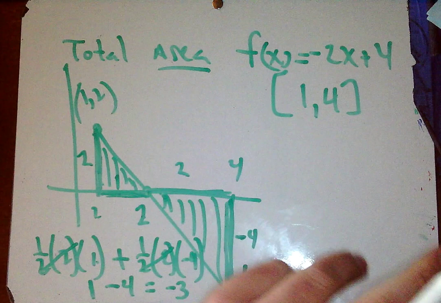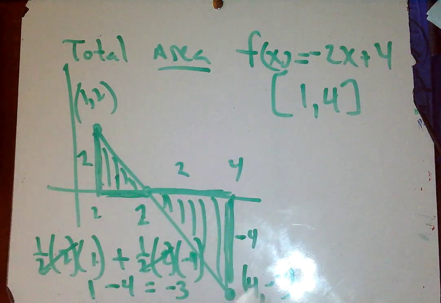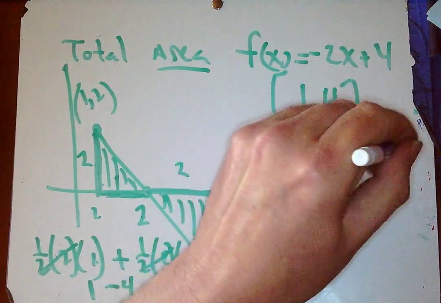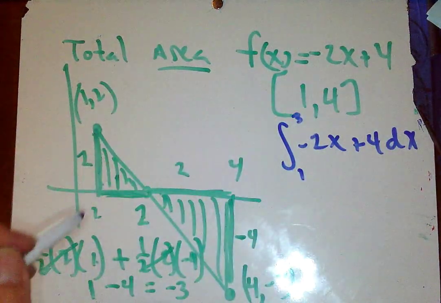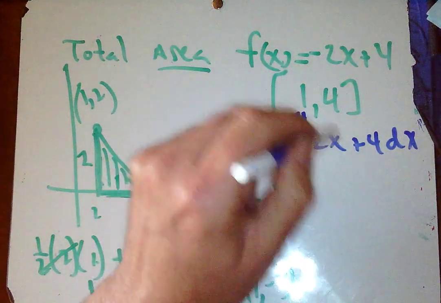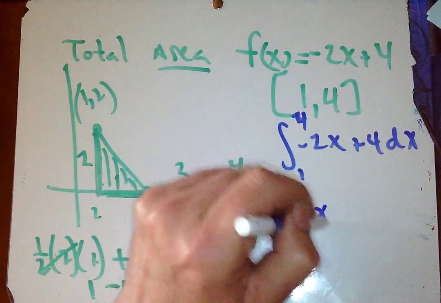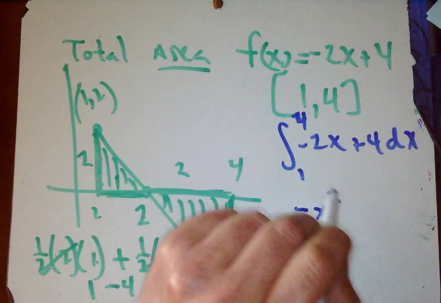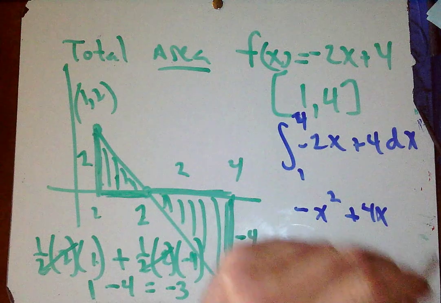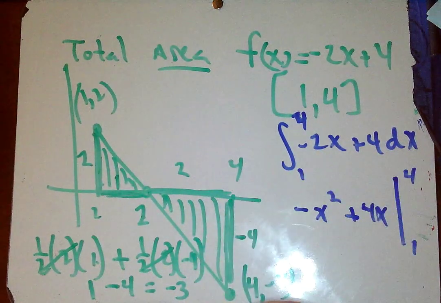I could also find the integral by using the antiderivative. The integral of negative 2x plus 4 from 1 to 4. The antiderivative here is going to be negative x squared, because if I take the derivative I get that, plus 4x, and I'm going from 1 to 4.